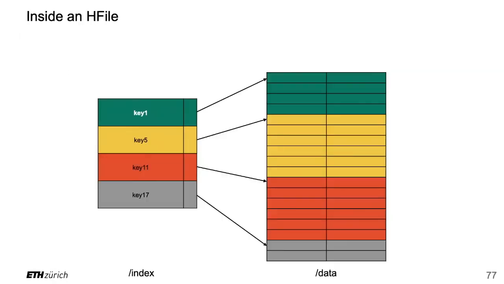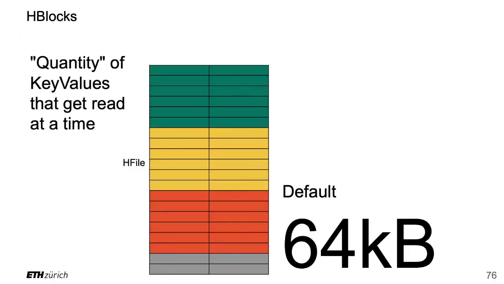Now, something else you need to understand, and this is also a difference with HDFS blocks. For an HDFS block, you count 128 megabytes and then you cut. That's the end of the block. You just count the number of bits and bam, that's the end. Here, you never, ever cut in the middle of a key value pair. Never. So if the end of the 64 kilobytes would be in the middle of a key value pair, you just continue all the way to the end of the current key value pair.